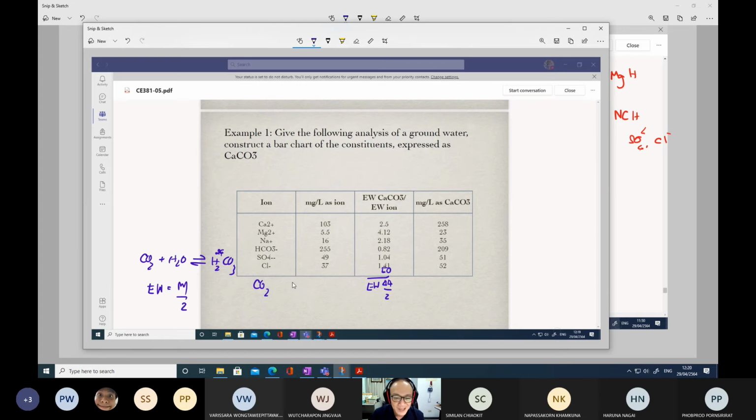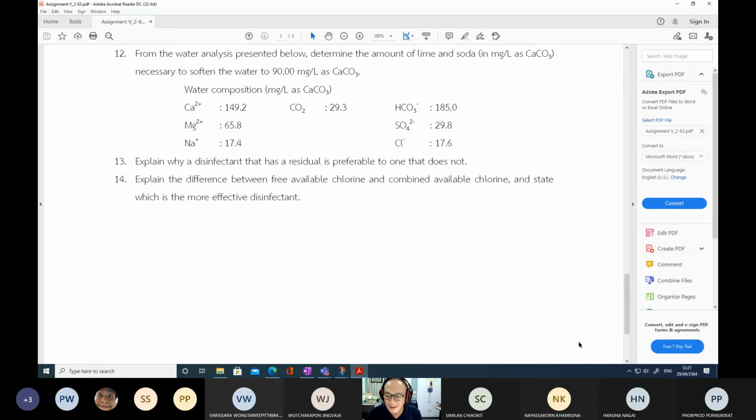So if you want to convert carbon dioxide into milligrams per liter as calcium carbonate, you can take this ratio, which is equal to 2.28. In case you have to convert from milligrams per liter as iron to milligrams per liter as calcium carbonate.